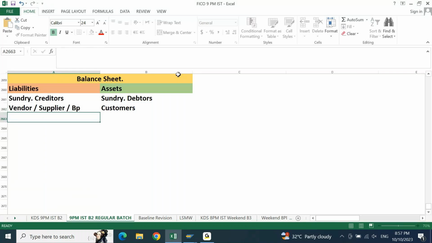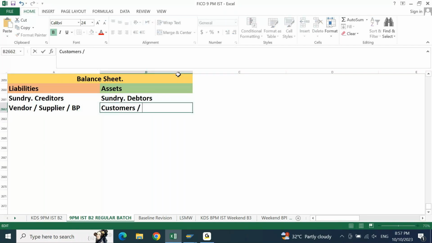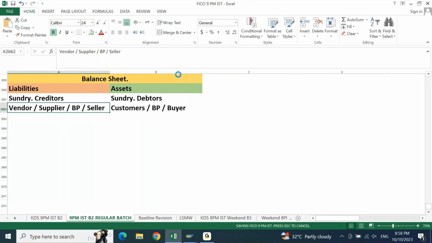Okay, vendor, you also call it as supplier. And here in S4 HANA, you need to also remember a term called BP, business partner. Customer, you also call it as BP. And you can also call it as buyer. And if there is a buyer, I'll put here seller. Okay, there are different names through which we will be calling, but either ways it is the same.